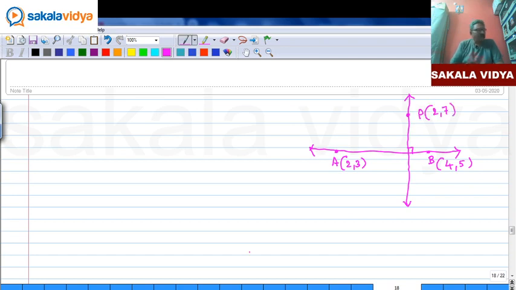How to find it? Very simple. Write down 4 minus 2 into x, plus 5 minus 3 into y.